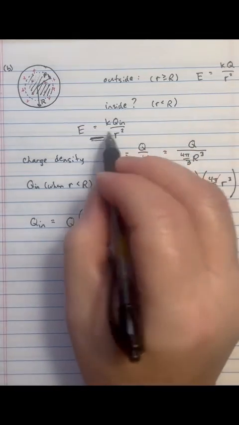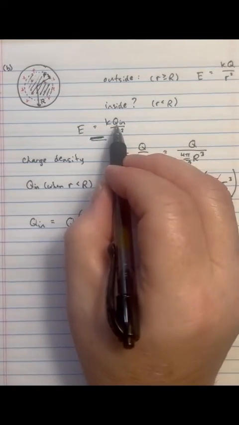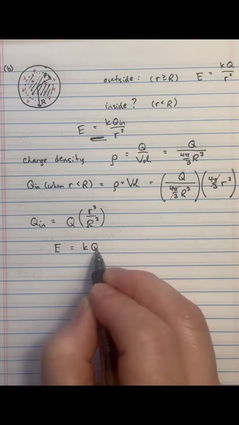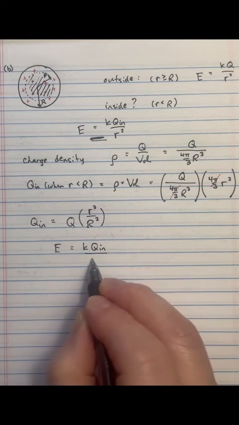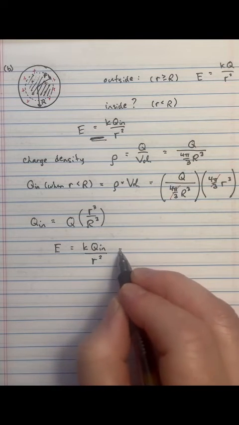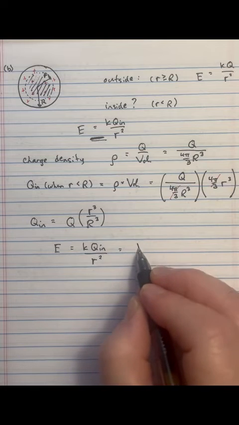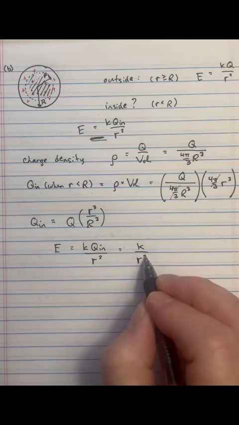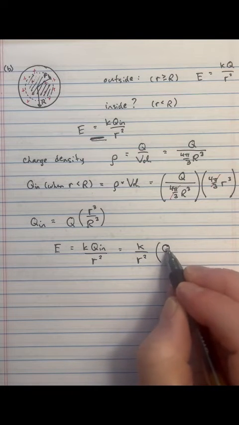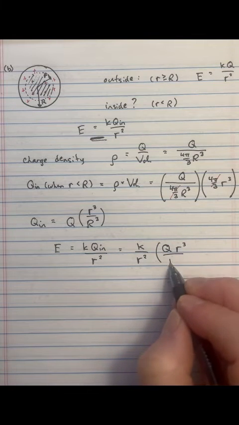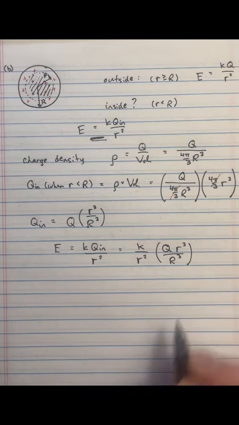Again, our main formula is this for electric field, right? So electric field is K Q inside over little r squared. But we have a formula for Q inside, so let's apply that. So K divided by little r squared, and then Q, not Q inside, just Q now, times r cubed over capital R cubed, like that.